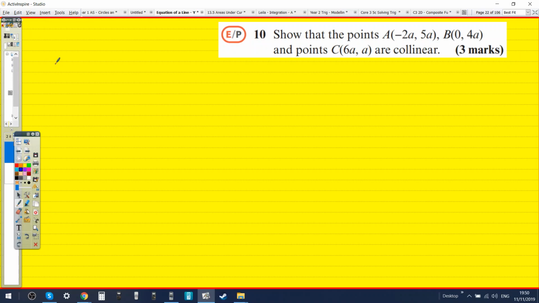So do I just need to do 4a minus 2a over... oh no, it's meant to be 4a minus 5a over 0 minus 2a is equal to a minus 4a over 6a minus 0.